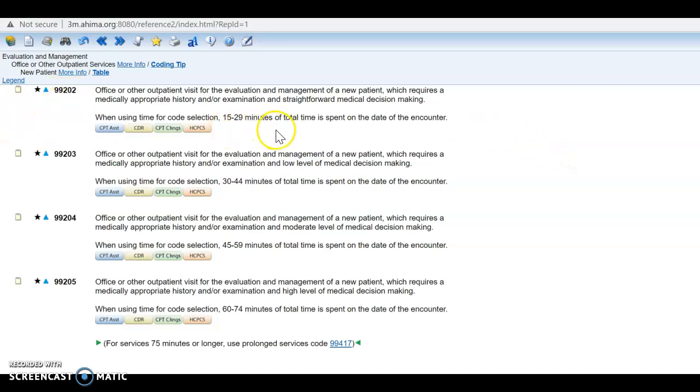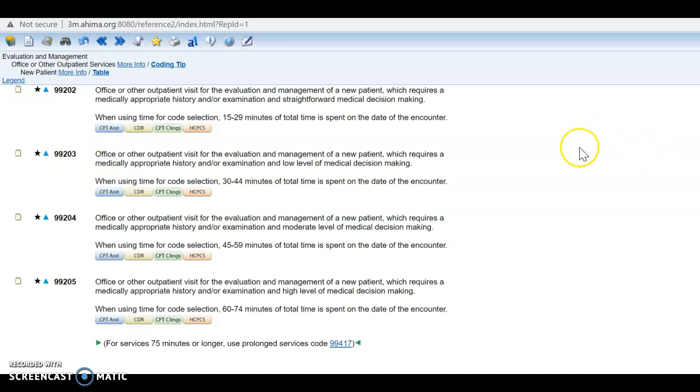This is something new. So if the doctor spent 17 minutes, keep in mind the doctor has to go ahead and document it. Or if the doctor states in their notes that they had straightforward medical decision making or low level medical decision making, you can use these numbers.